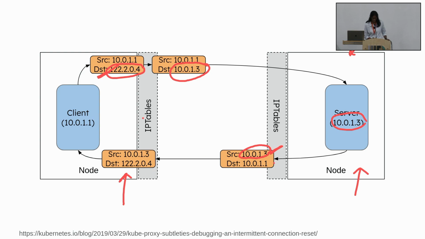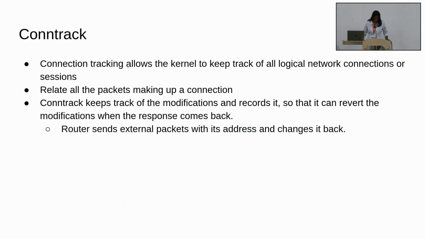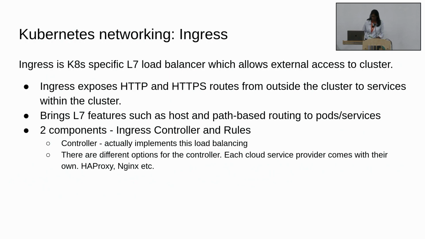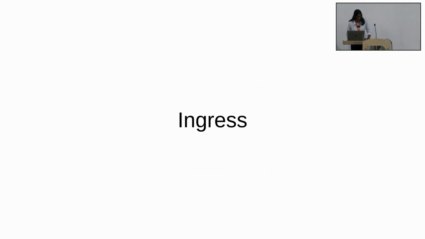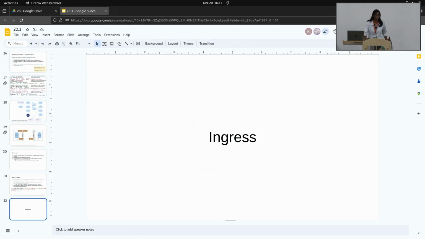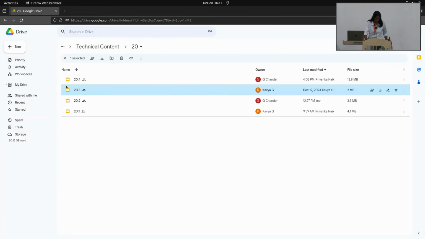The destination was wrong, I think I should change the source. You change the source back to the cluster IP in the response. Yeah, that's it. We'll go to the next module that we have, on service meshes.